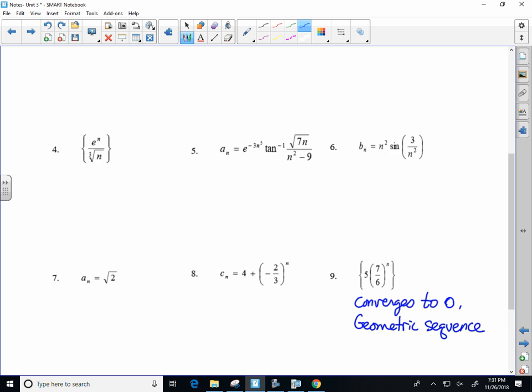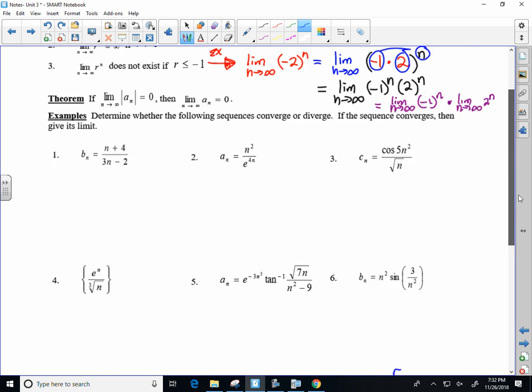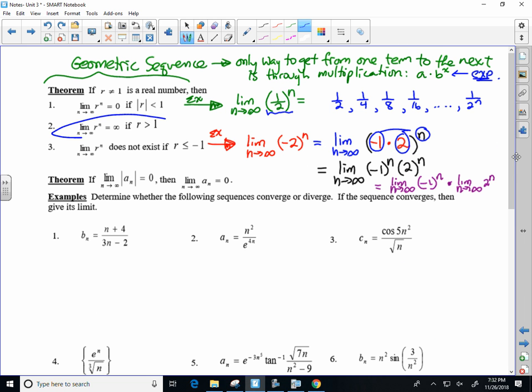A geometric sequence where the R value is less than 1. Right? And that would be this guy here. So it's converging to nothing. It's going to infinity. Right? That's this guy here.